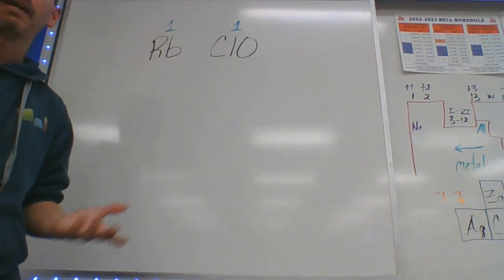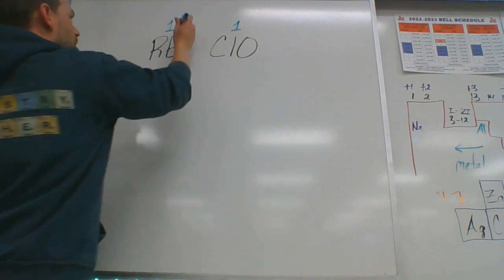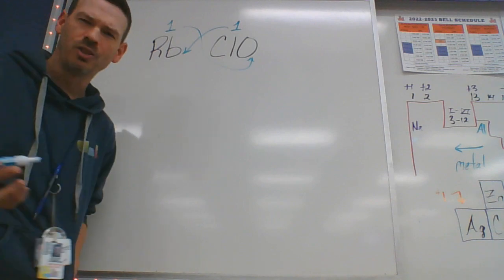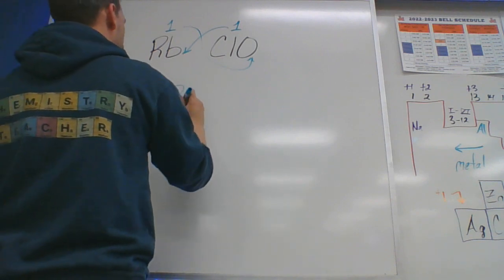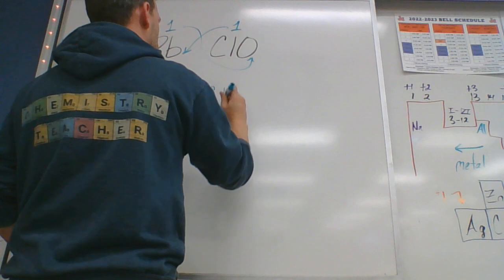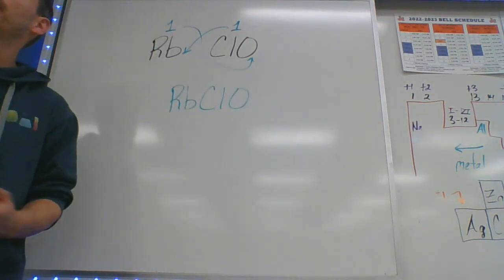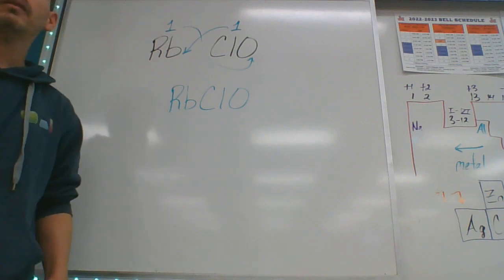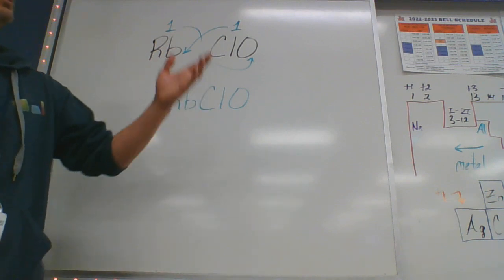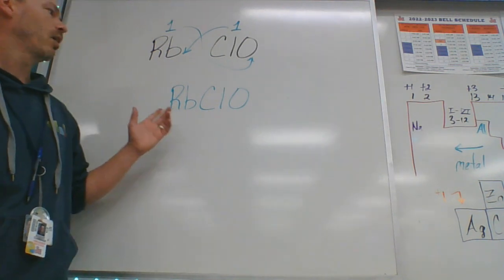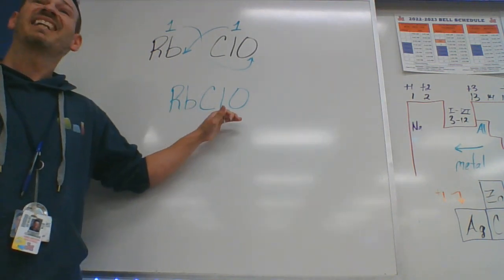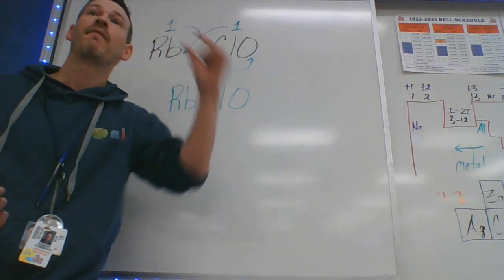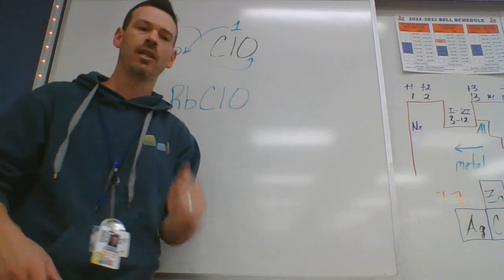So what's going to ultimately happen with our formula? You just need to shove them together because the ones don't show up. So the final answer for rubidium hypochlorite is actually pretty simple. All right, so this is our first example where a polyatomic ion has showed up, but none of the steps change, right? Fine, let him be polyatomic. Find his charge and crisscross. Let's do another one.